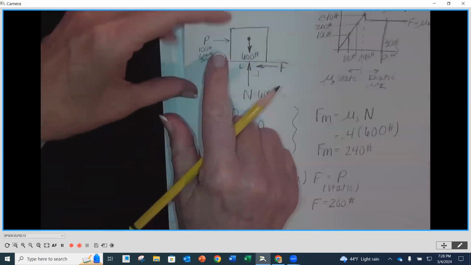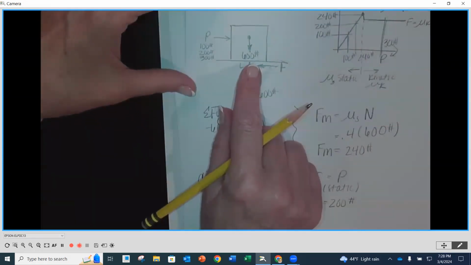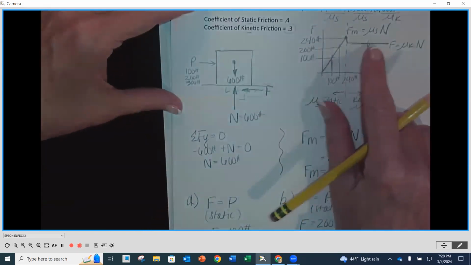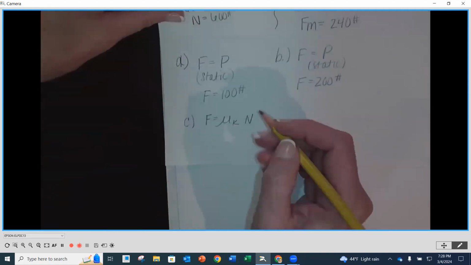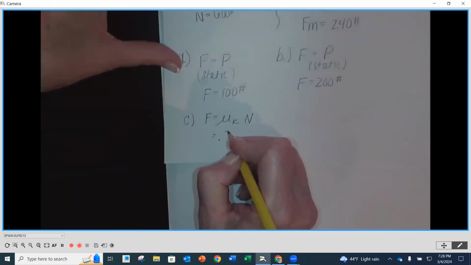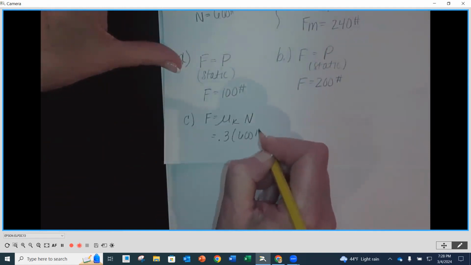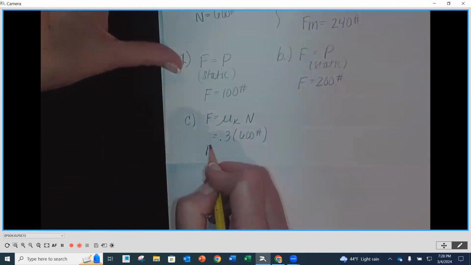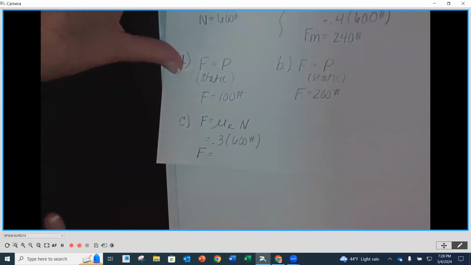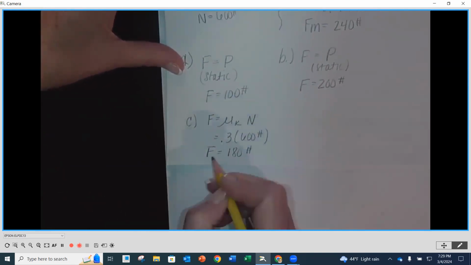It has nothing to do with the pushing force. It only has to do with the two surfaces in contact with one another. So this is 0.3 times 600, which should be 180 pounds.